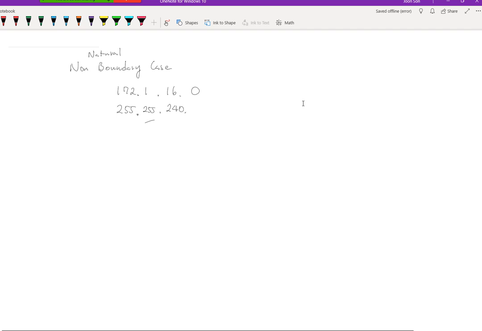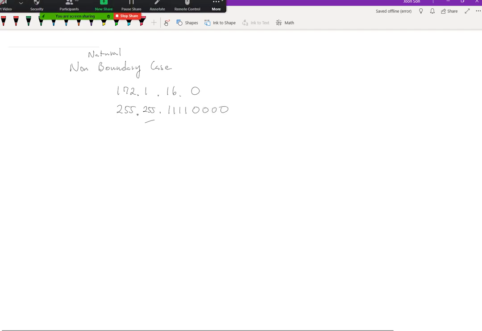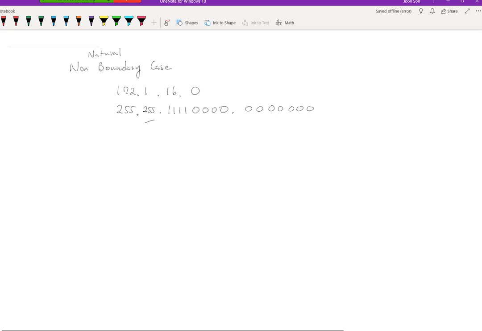Now 240. If you convert 240 to binary, it is 1111 0000, and then the 0. This third octet is important.